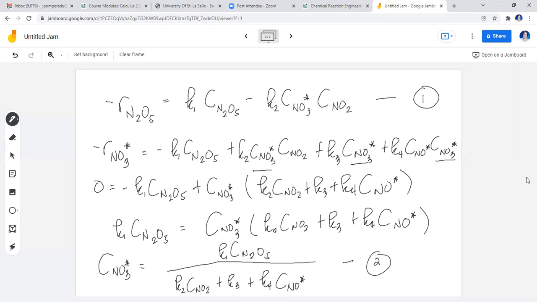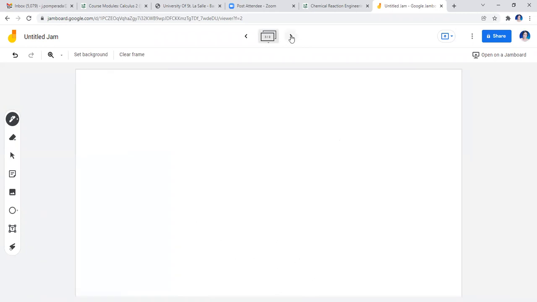That way, when you substitute the concentration of nitrogen trioxide in here, it does not have any more concentration of reaction intermediates. So I will set up another equation for the net rate of reaction of nitrogen oxide. So I will write here net rate of reaction of another reaction intermediate, which is nitrogen oxide.